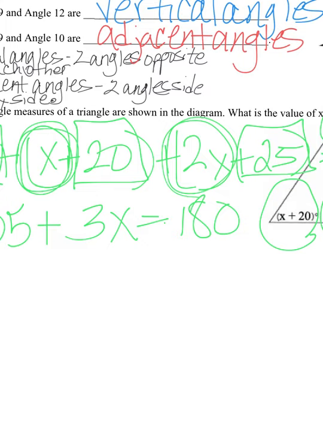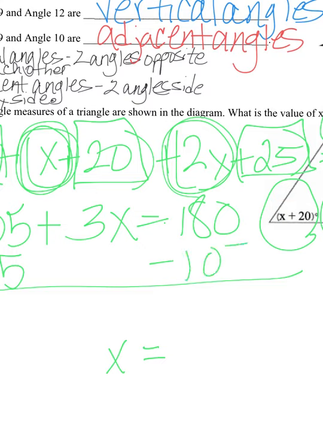This is a two-step equation. In order to solve this equation, we need to get x by itself. To get 105 away from the left side, you have to take away 105. Golden rule of algebra: whatever you do to one side, you do to the other. The 105's cancel, 3x comes down. 180 minus 105 is 75.